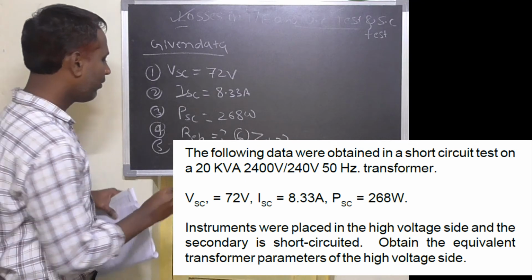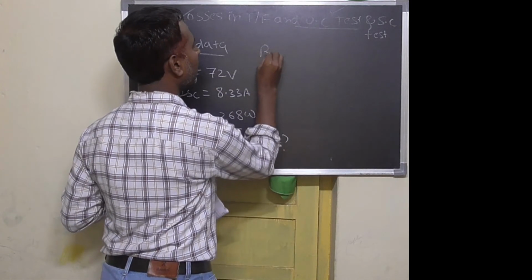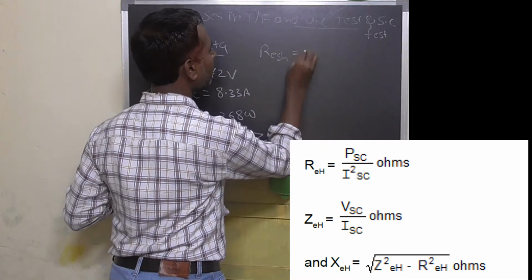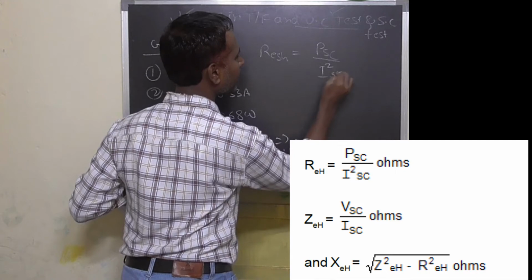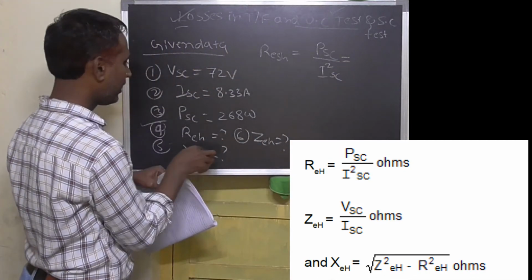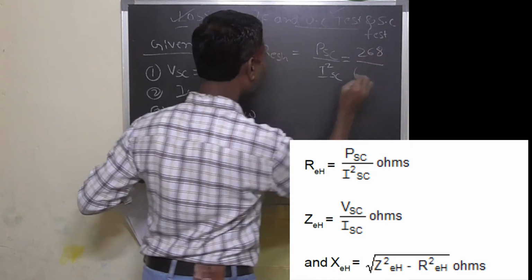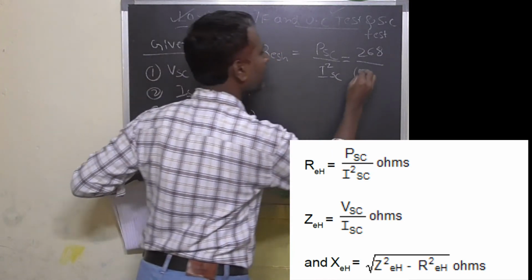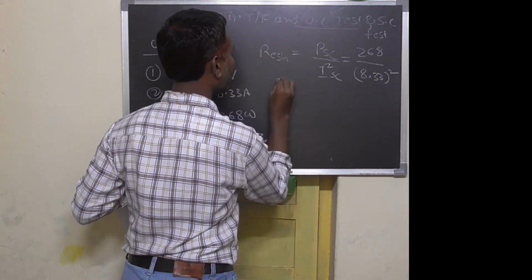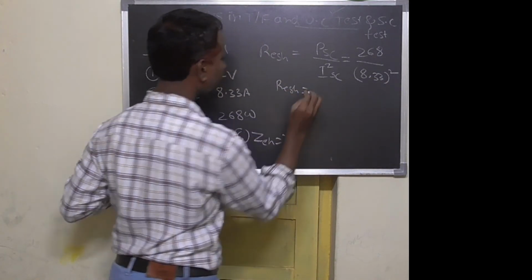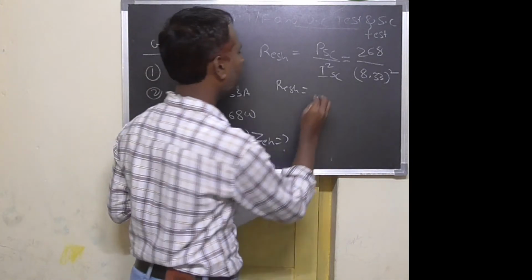We know the formula to find the equivalent resistance: R_eH equals P_SC divided by I_SC squared. P_SC is given as 268, divided by I, which is 8.33, squared. The answer is R_eH equals 3.86 ohm.